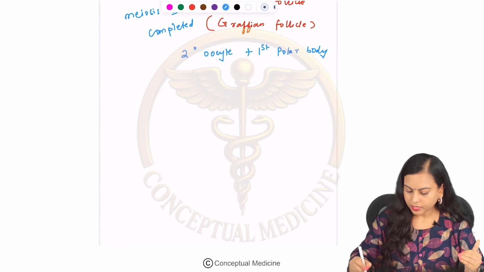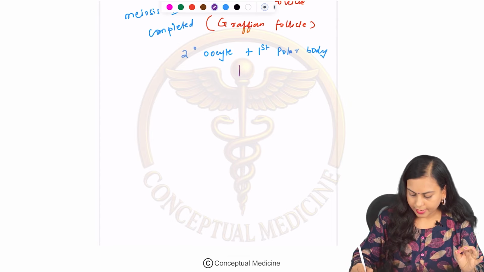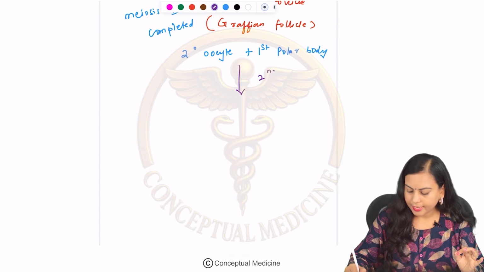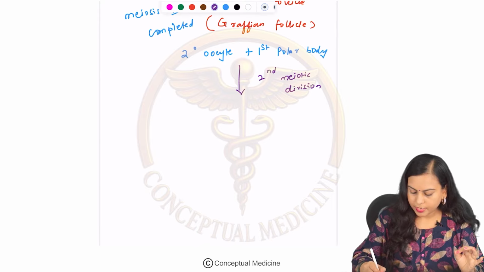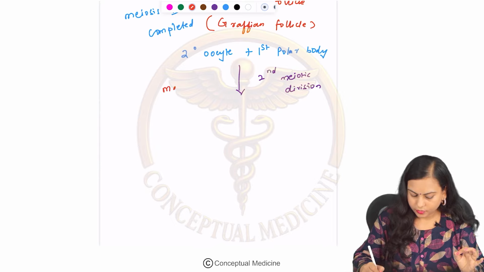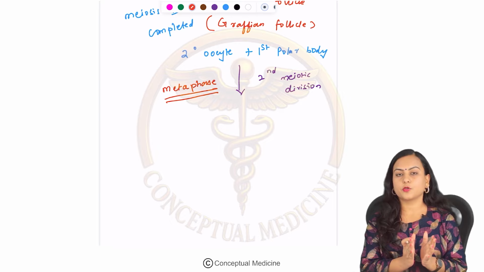Now, again, this stage will enter into the second meiotic division, where it will be arrested at the phase of metaphase. So the first halt is at the prophase till puberty.